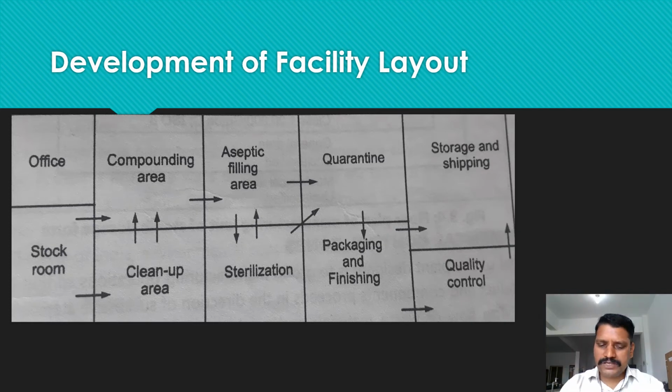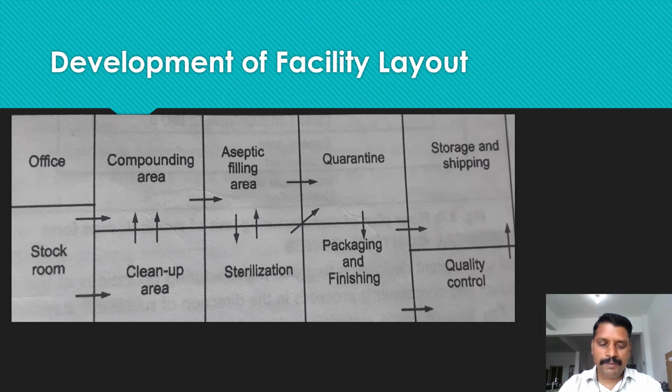The parenteral production area is clean and free from microscopic contaminants. We will discuss later the classes of cleanliness as per the different agencies. So the production area is clean and free from microscopic, visible and non-viable contaminants.